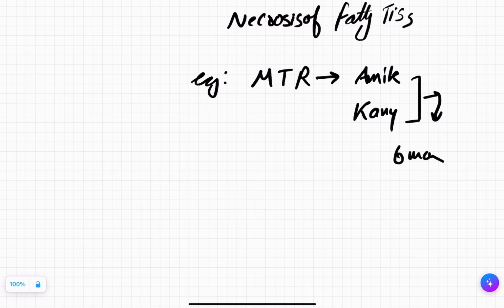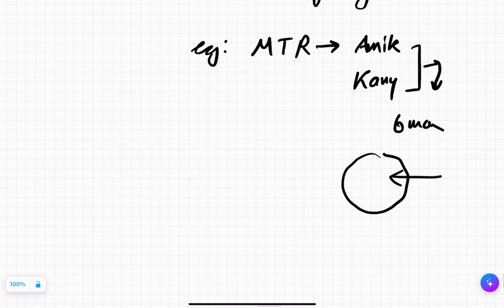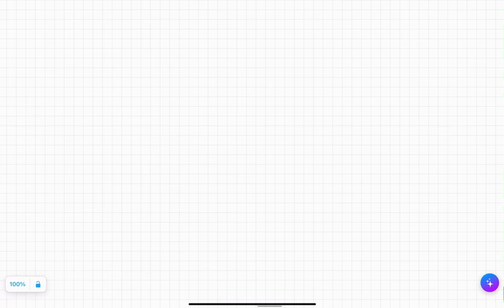So continuous injection in a specific site, continuous piercing into the fat, will cause what? Fat necrosis. Trauma-induced fat necrosis. Continuous injection in the glutes. So this is an example of fat necrosis.